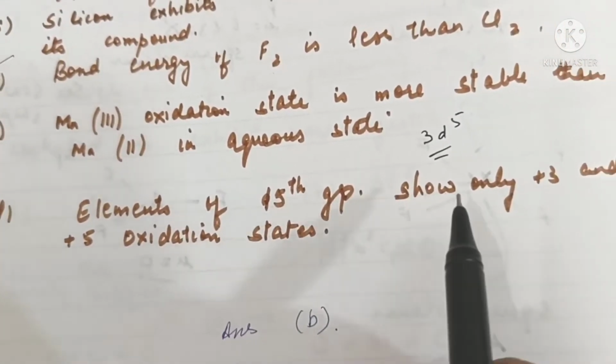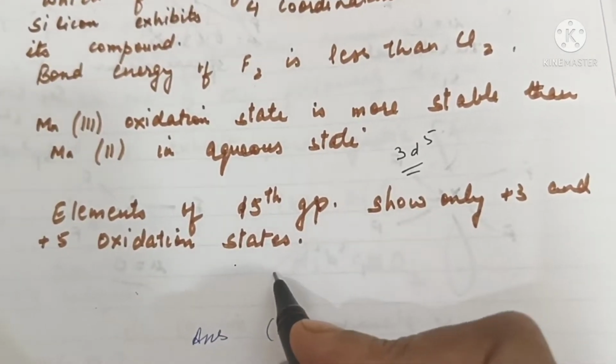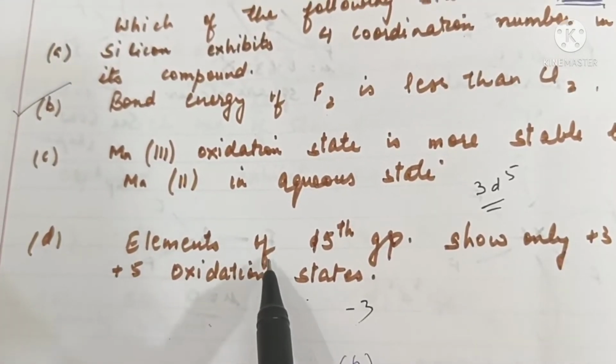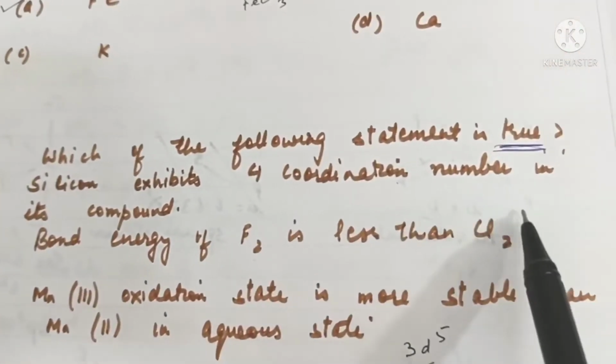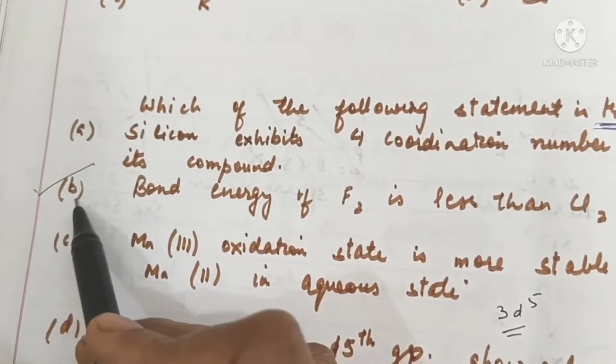Elements of 15 group show only +3 and +5 oxidation states. No, they also show -3 oxidation state. So this is also not correct. So only this statement is correct. Option B is the correct answer.